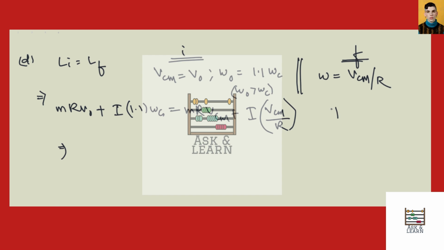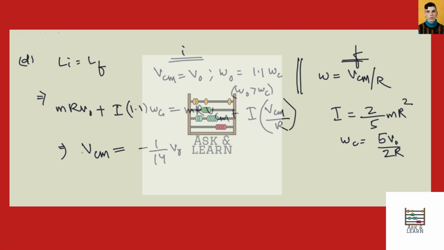Again, we can plug I to be equal to 2 by 5 mr square, and omega c, which we found in part B, this expression. We can plug these two expressions over here and find velocity of center of mass, which will come out to be equal to negative 1 over 14 times v naught.